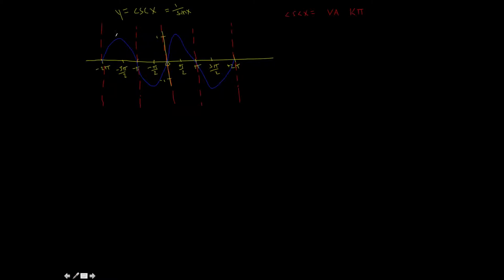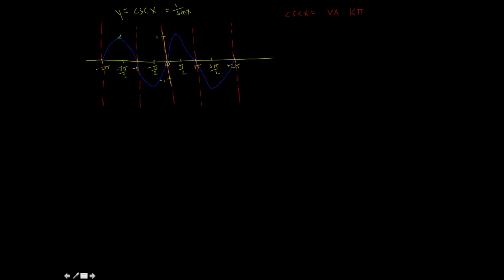And here's how. Notice right here. That is a maximum point for sine. Well, if it's a maximum point at sine, when we do the reciprocal, that means it's going to be a minimum point at cosecant.